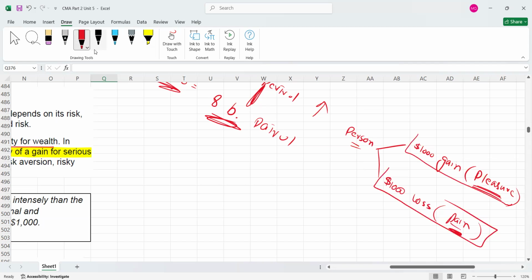In that scenario, if you're a risk averse person, your main focus will be on the loss side and you will not invest, because risk averse people don't want to take risk, actually. So this is what it means here. Pain is more important for them than pleasure. The pain of losing money is more important than the pleasure of gaining money.